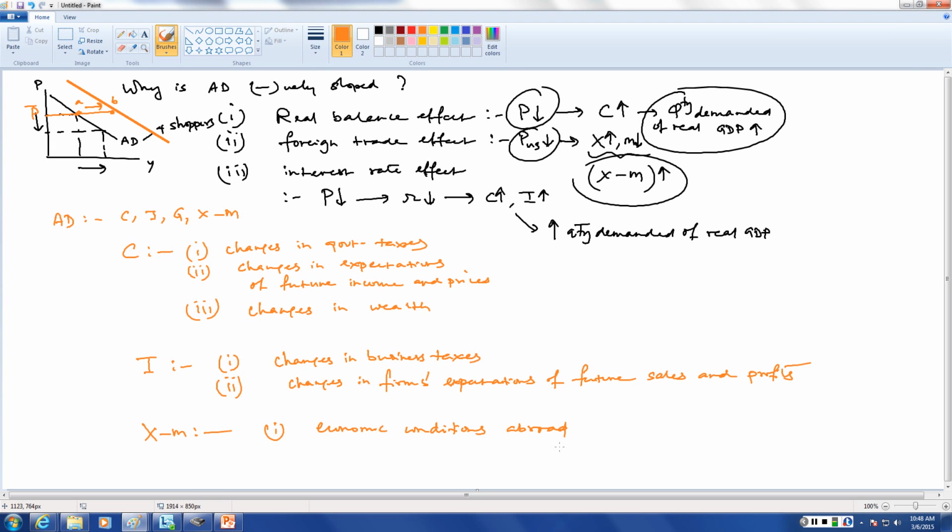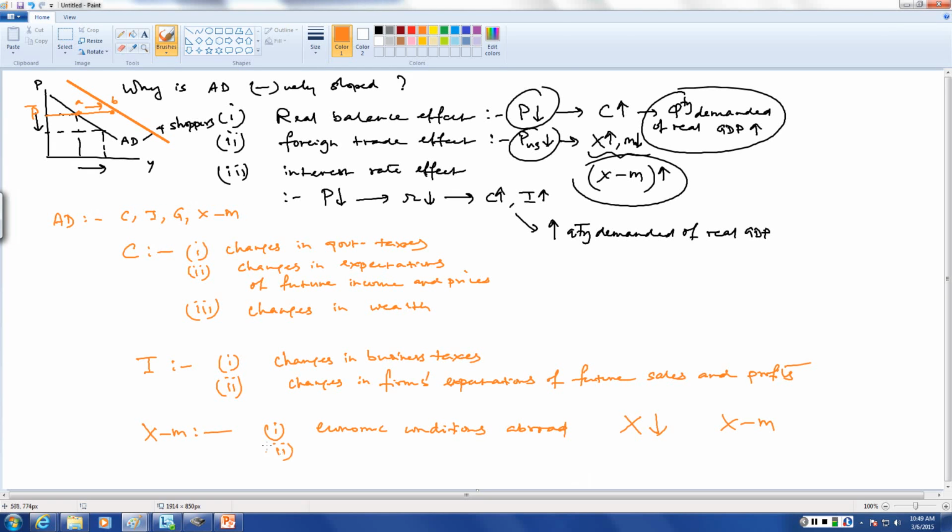So, in other words, if the economies of our trading partners suffer recessions, well, that will lead to a decrease in our exports to them because they won't have the money to buy our stuff. Am I correct? So economic conditions abroad would affect net exports negatively. Worsening economic conditions would affect net exports negatively. Improving economic conditions abroad would work the other way. So improving economic conditions abroad would shift the AD curve rightwards because there'd be more shopping by foreigners for our goods. Right?